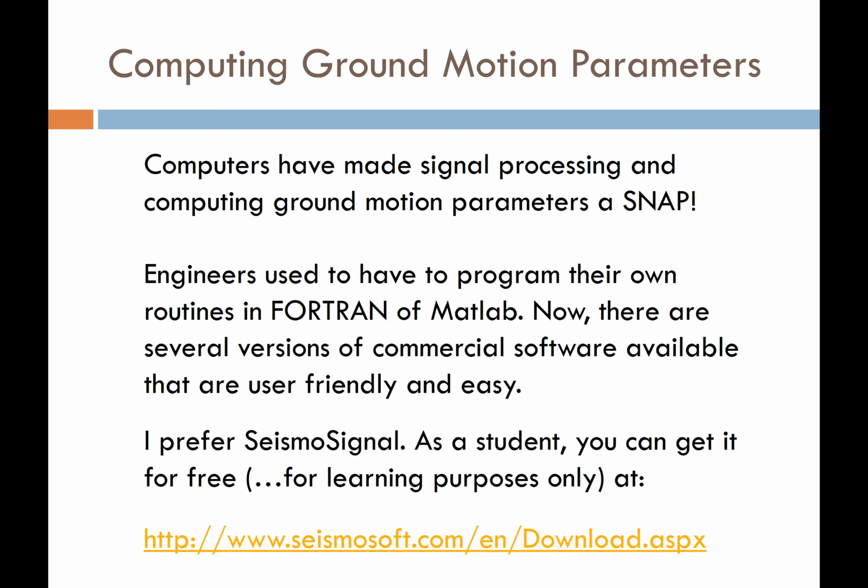When I was going to school, my teacher made me write a Fortran code to do my own signal processing. It was no fun. I'm not that mean, and today there are a lot of different commercial programs out there that can do the signal processing of these ground motion records, and they're very user-friendly and easy to obtain.